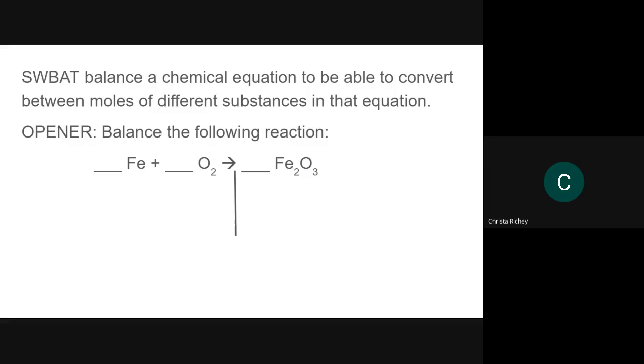With this opener, how many irons, which is Fe, are on the left? 1. And how many are on the right? 2. If you've not noticed, I always put my drop-down line right underneath the arrow, which is like an equal sign. On the left, how many oxygens do we have? 2. And how many are on the right? 3.